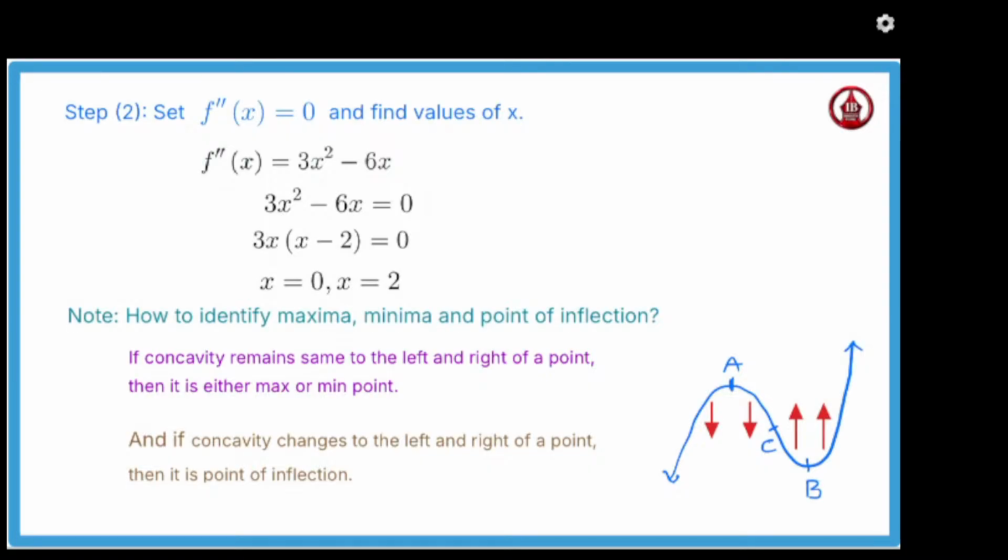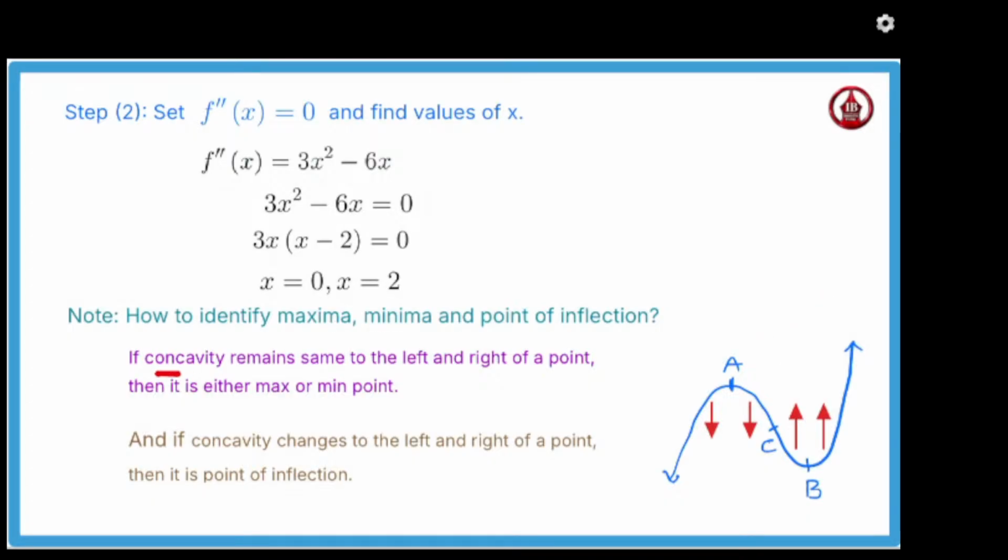Now, before I proceed, I want to explain to you how to identify maxima, minima, and point of inflection from the second derivative. Look here. From the second derivative, or even without finding the derivative, if you know the graph, I have drawn one graph here and let us discuss how to find whether the point is a maximum point or minimum point or point of inflection.